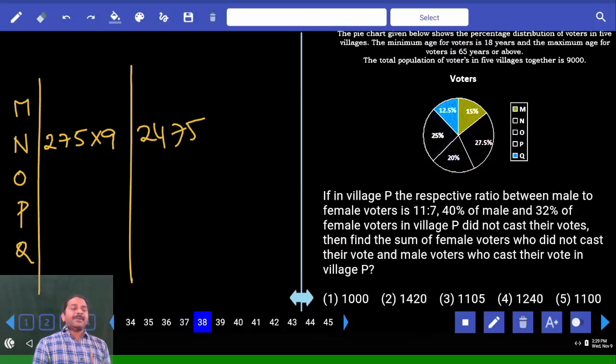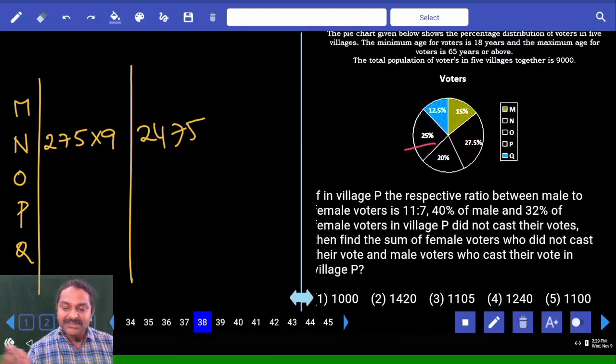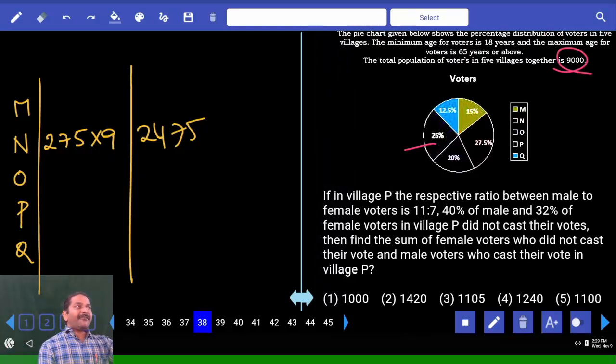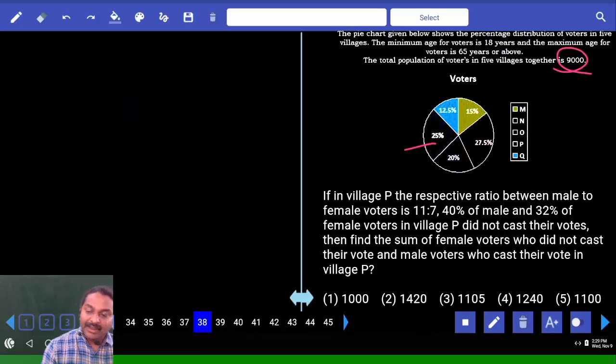In village P, the respective ratio between male to female voters is 11:7. In P, what percent do we have? 25% of 9,000, half and half. Half, again half: 2,250. And they are divided in the ratio 11:7.